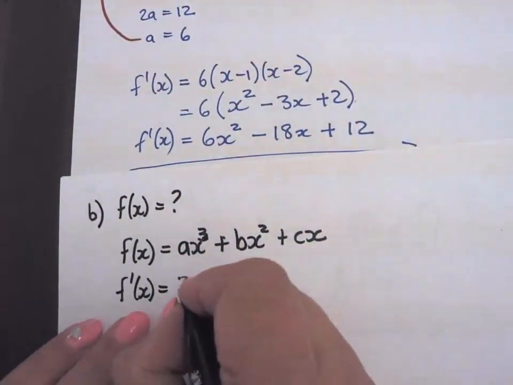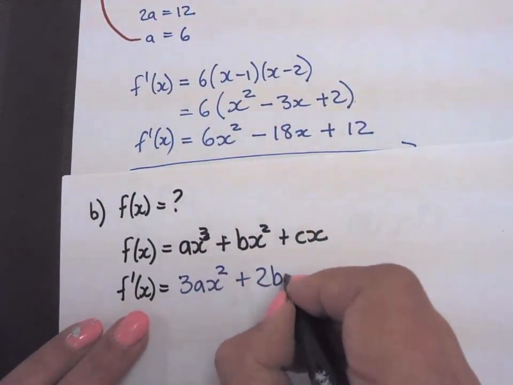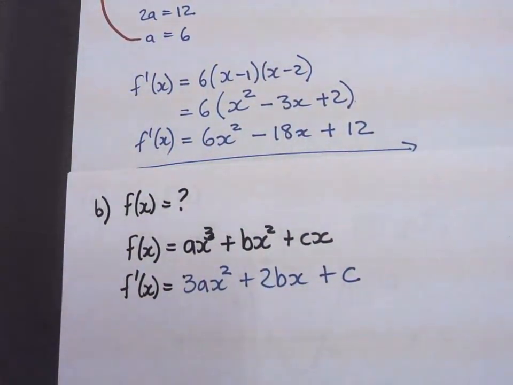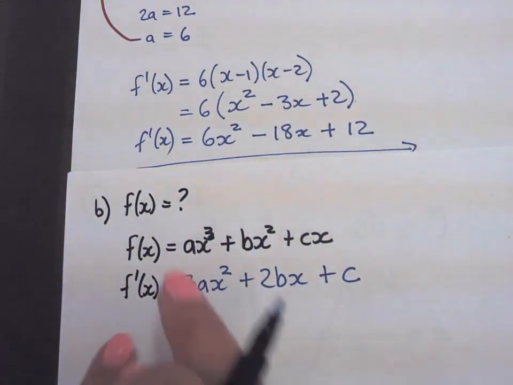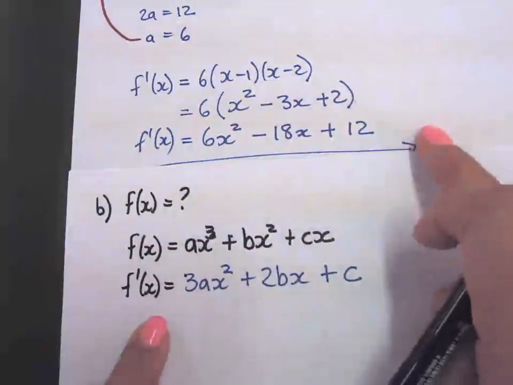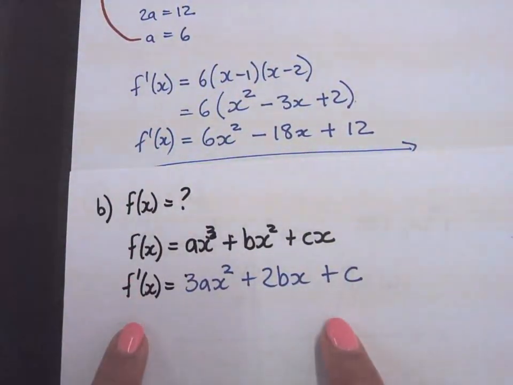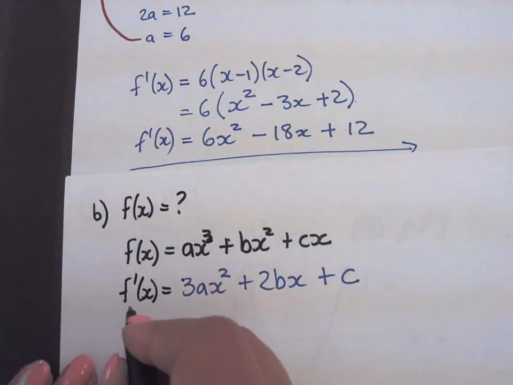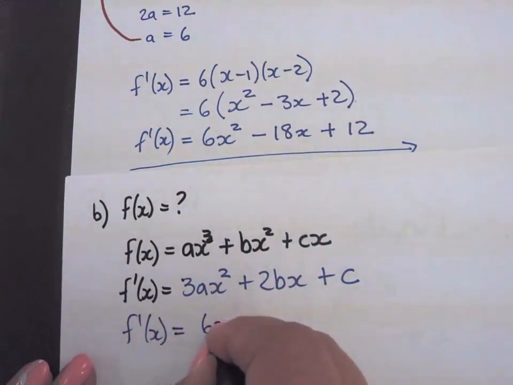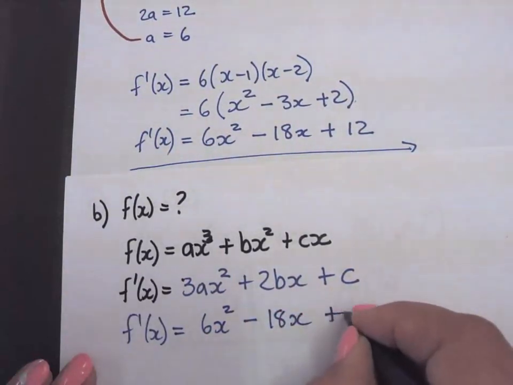Then you get 3ax squared plus 2bx plus c. Is that correct? But I also have a real f accent x, a real first derivative. So I'm going to write this one just below the one that I did just now. F accent x equals 6x squared minus 18x plus 12.